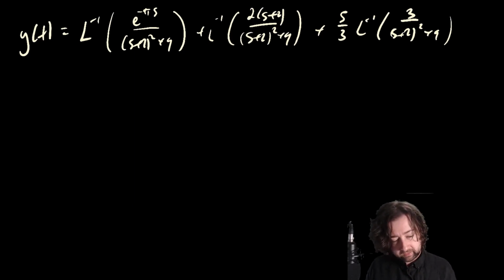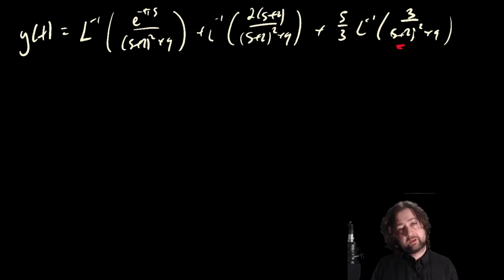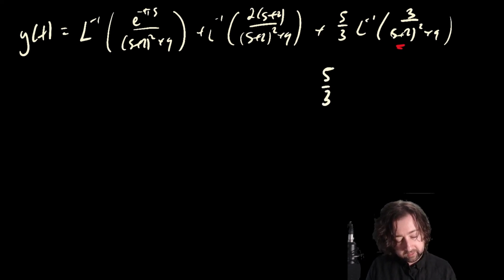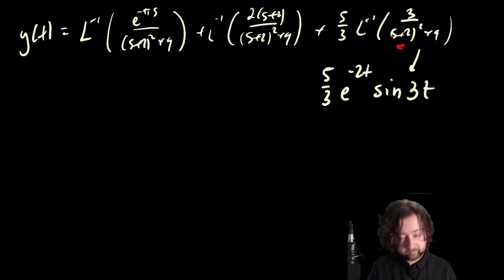This one, the s plus 2 corresponds to an e to the minus 2t in the time domain. So this one is easy because you get 5/3 times e to the minus 2t sine of 3t. Likewise, this one is easy because if you undo the shift, you're just looking at twice a cosine.